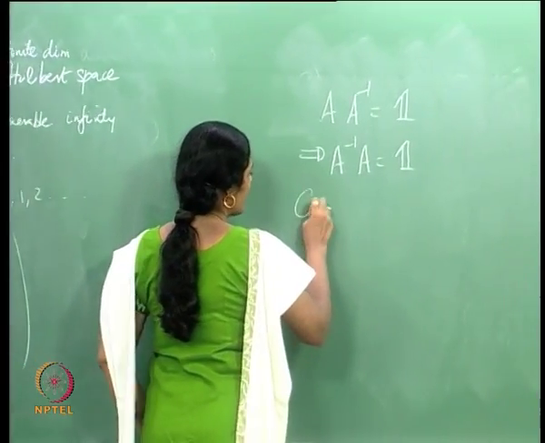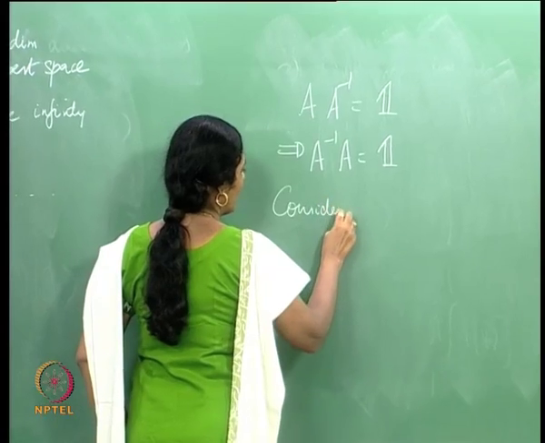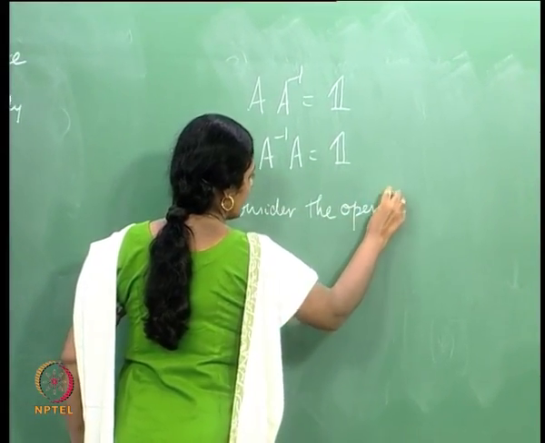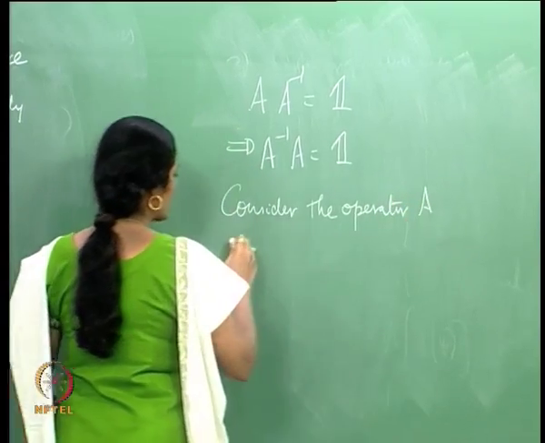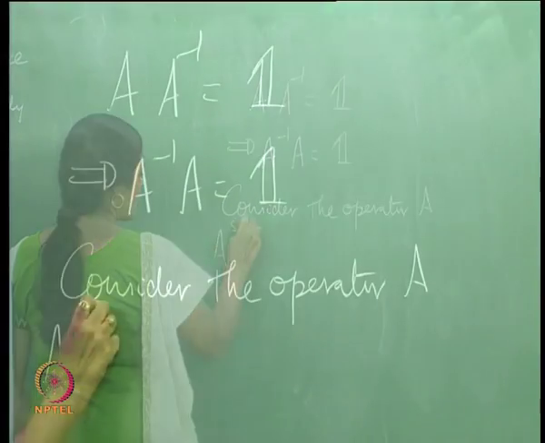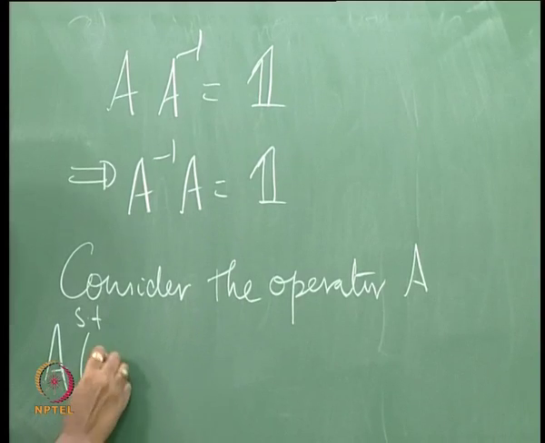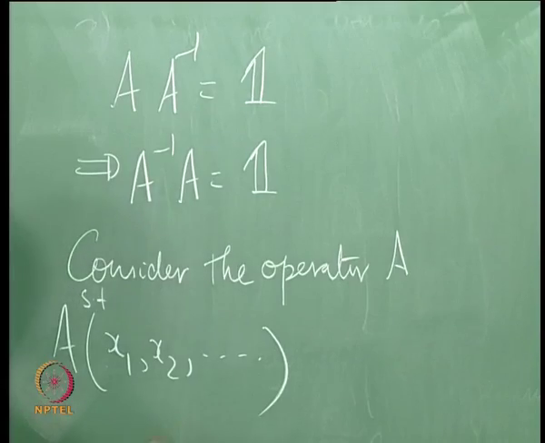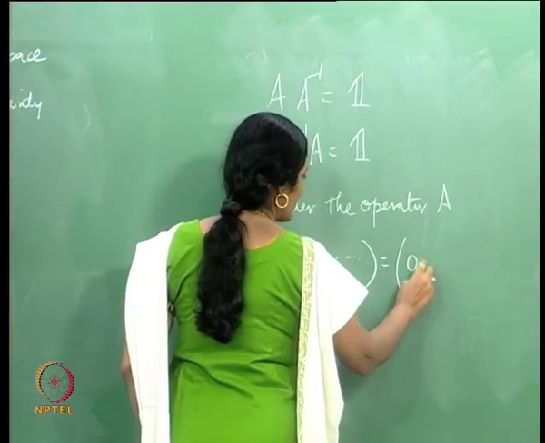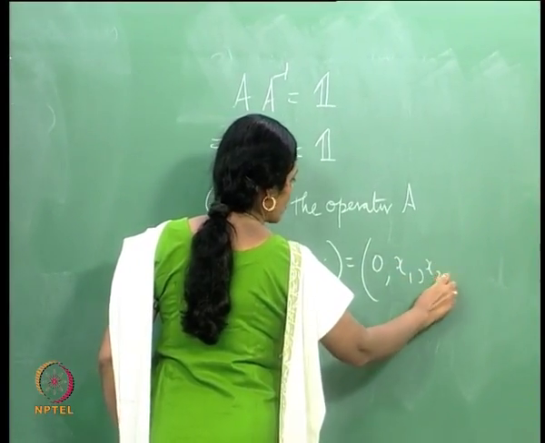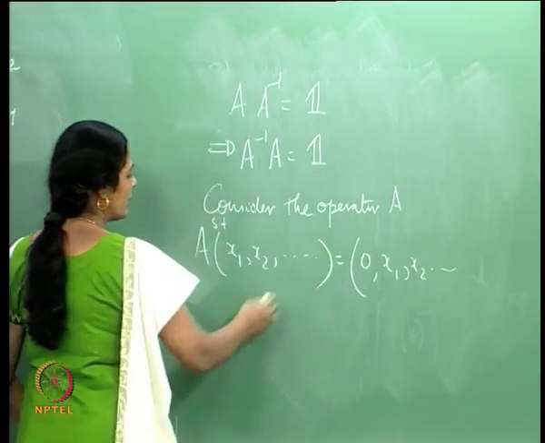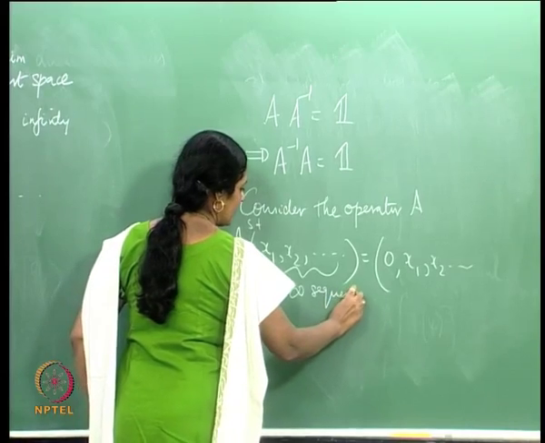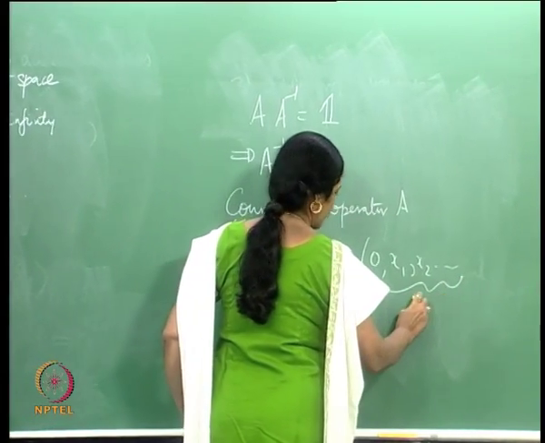For instance, consider the linear operator A, which acts on an infinite sequence x1, x2, and so on, to give me 0, x1, x2, and so on. That is another infinite sequence.